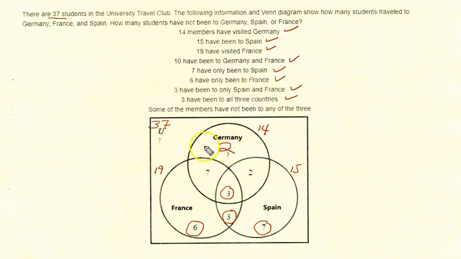So now, am I able to figure out how many travel to a country and then what is left in the universe? Because that's actually our question. How many have not been to Germany, Spain, or France? So I add all these up and I get 30.